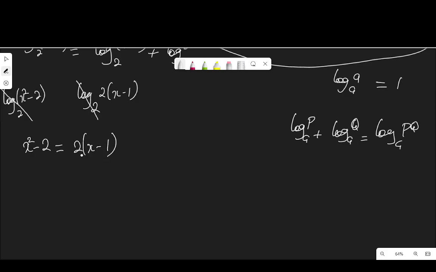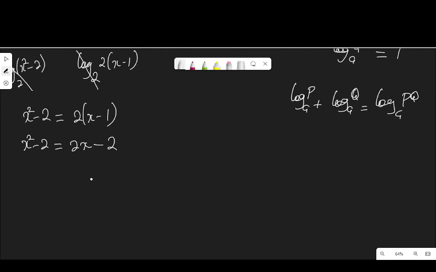So if I open up this bracket, I'll have x squared minus 2 equal to 2x, that is 2 times x, then minus 2 times 1, 2. And let's collect like terms, and that will give us x squared. When this plus 2x crosses to the other side, it becomes minus 2x, then minus 2 rather, when it crosses the equality becomes plus 2.